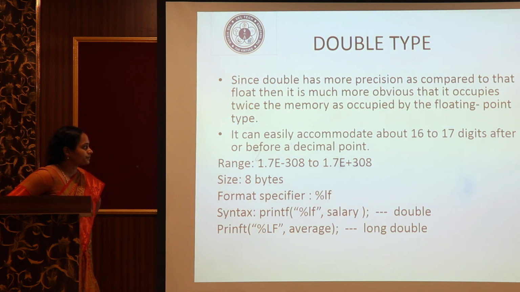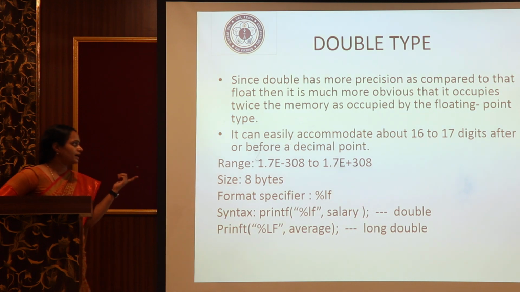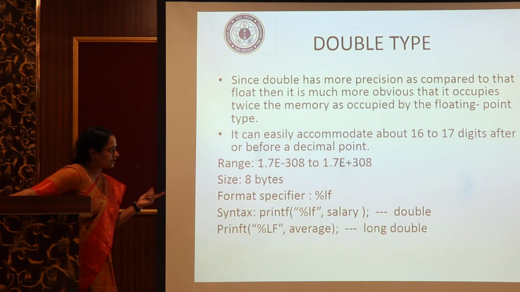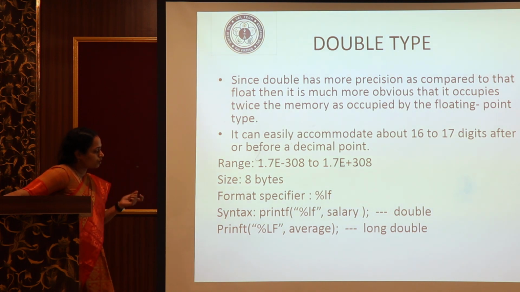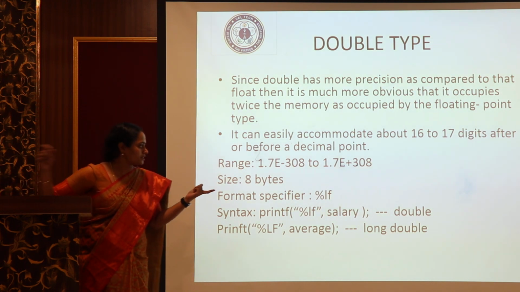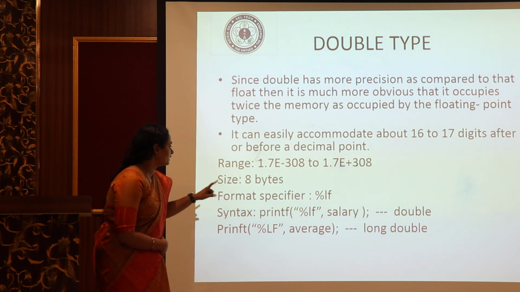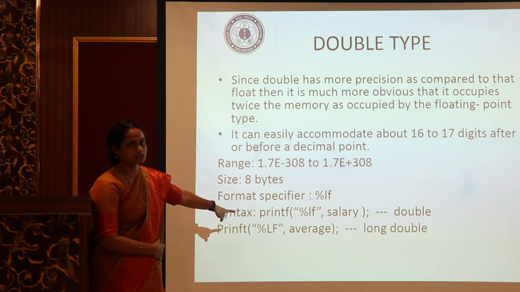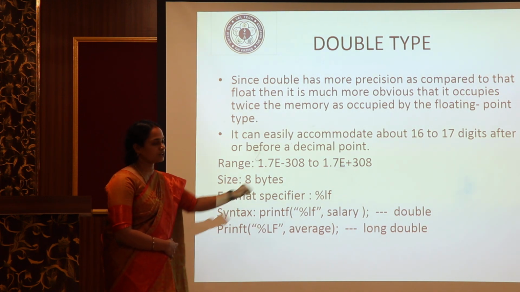Then the range is 1.7e minus 308 to 1.7e plus 308. It is an exponential value, and for double its size is 8 bytes and its format is %lf. Small lowercase lf represents the double value and capital L defines the long double value.